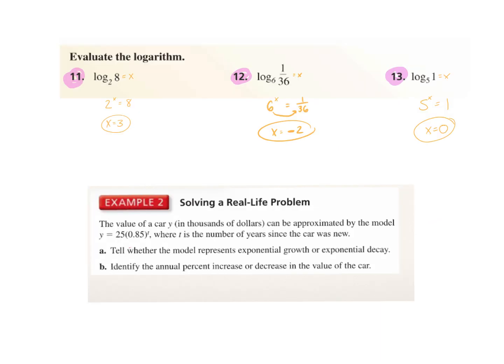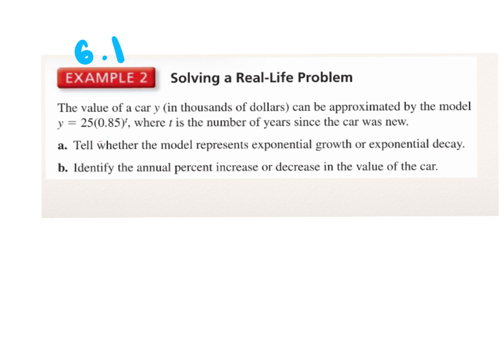Okay, so I want to take a look at 6.1, example 2. It says the value of a car Y in thousands of dollars can be approximated by the model Y is equal to 25 times 0.85 to the power of t, where t is the number of years since the car was new. Tell whether the model represents exponential growth or decay.